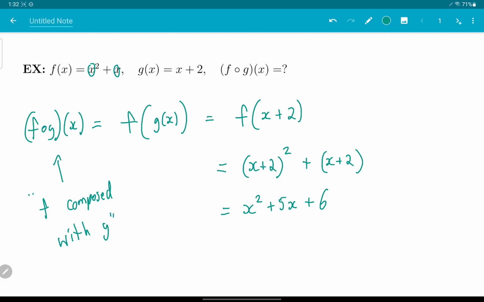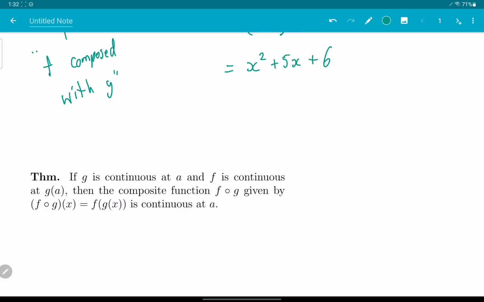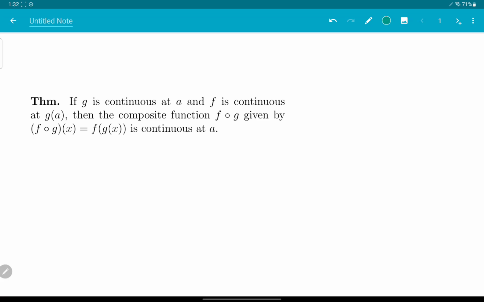So now we want to see, when is a composite function continuous? Well, we have a simple theorem that will guide us here. Here we go. Pause and copy this.